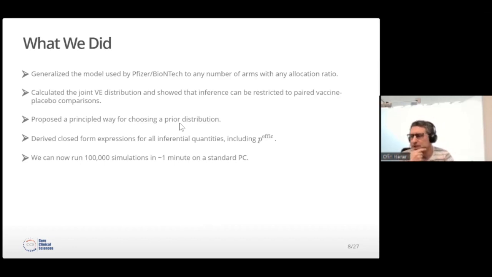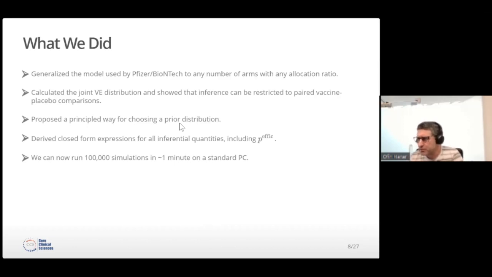The reason we did that was that once you go beyond two groups, just placebo versus vaccine, it becomes beneficial to randomize more patients to the placebo group.